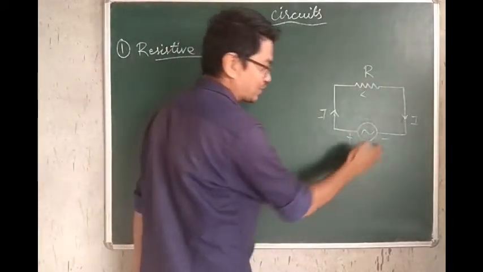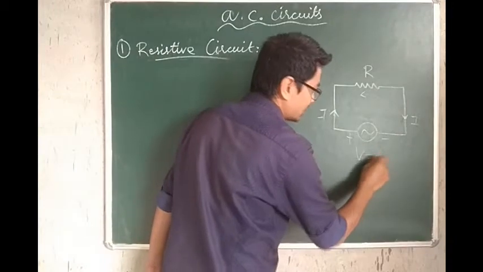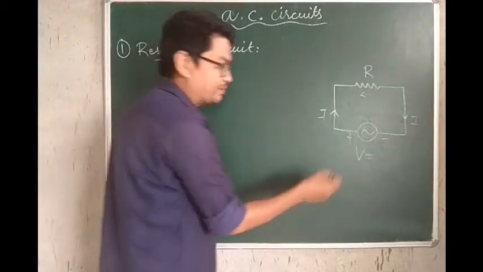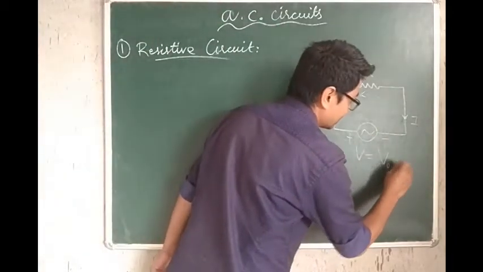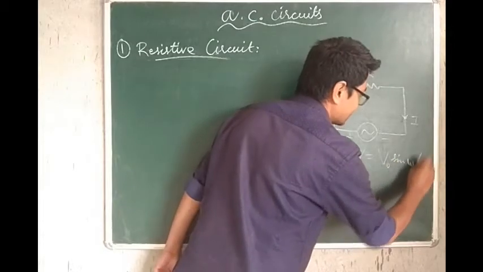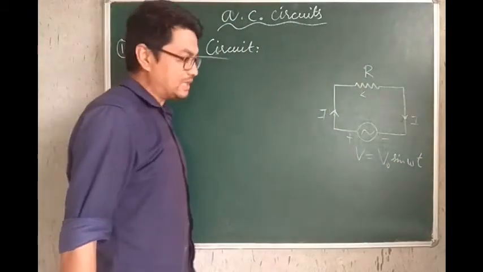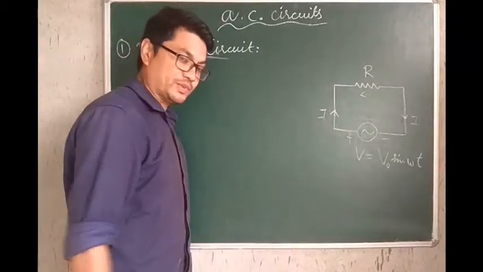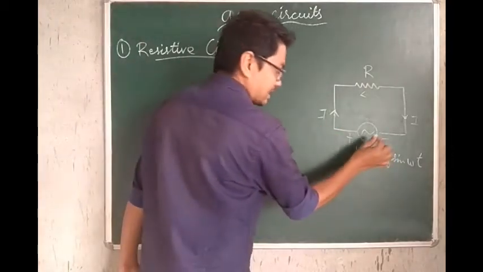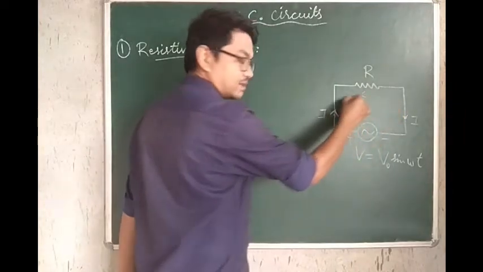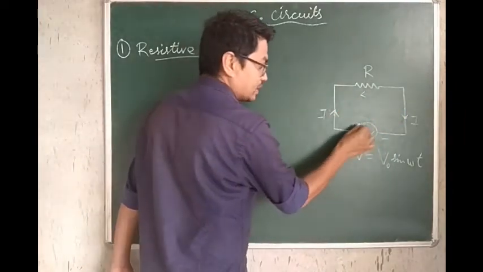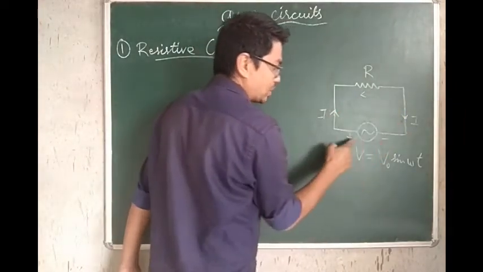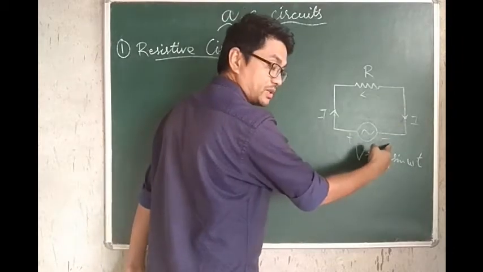Oh, by the way, I forgot to write the instantaneous voltage of the power source is V naught sine omega t. This is the instantaneous value of the voltage of the source. So, considering this and considering anti-clockwise motion, we are moving from the positive terminal to the negative terminal.